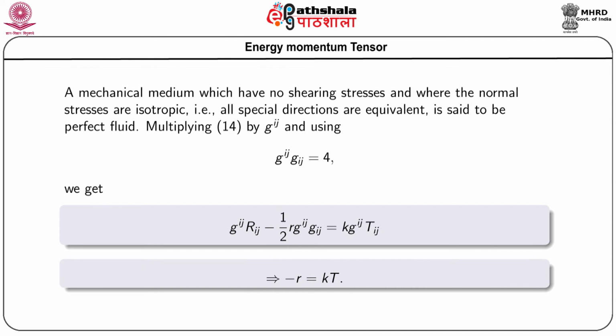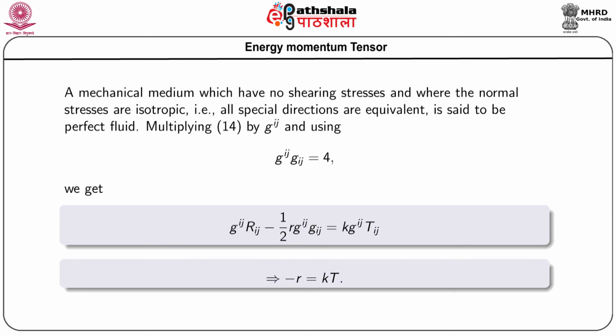Now, from here we get that minus R equals k T, because g^ij and T_ij, if we contract, give T, and g^ij R_ij will give the scalar curvature R, and g^ij g_ij will give 4.